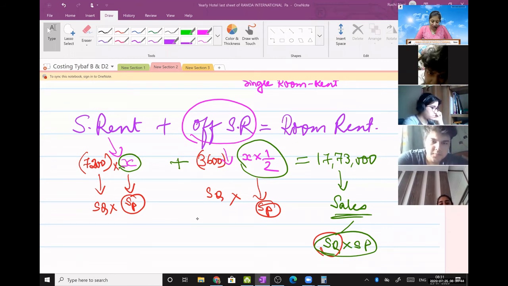Okay, SQ means selling quantity, sales quantity. Okay, fine. Shali, not an issue. So is the equation clear to everyone?